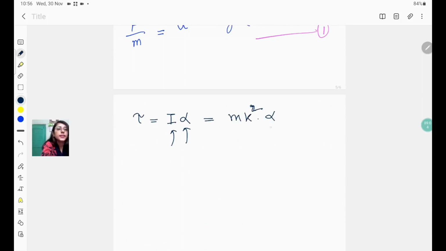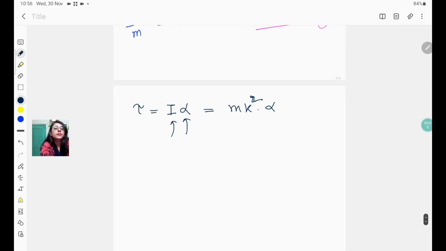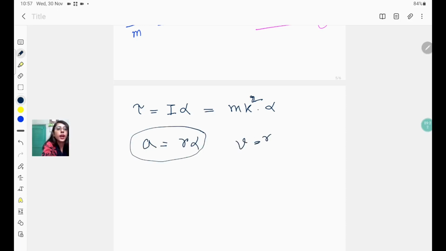Now what is the relation between alpha and a? Let us find it out first. We know alpha and a are related by the equation a is equal to R alpha. I think you know that. We know v equals R omega, where v is the linear velocity and omega is the angular velocity.